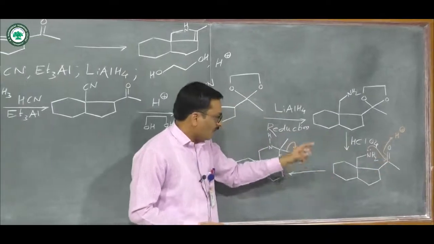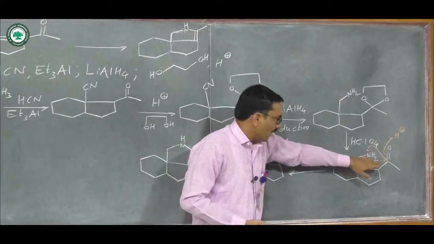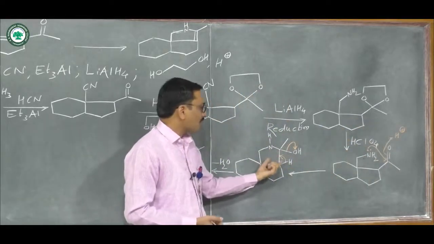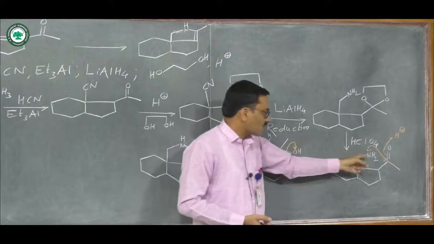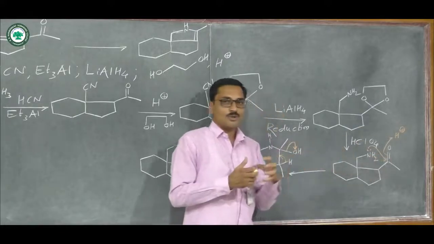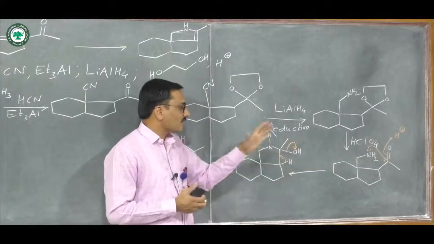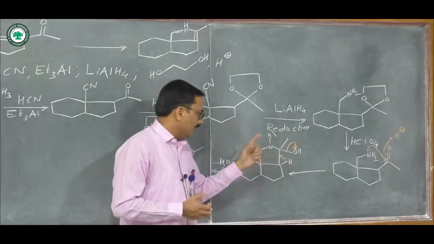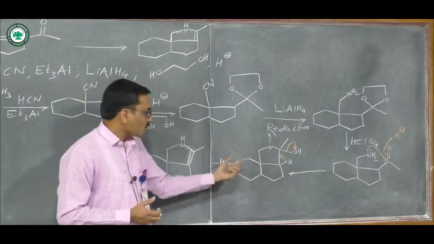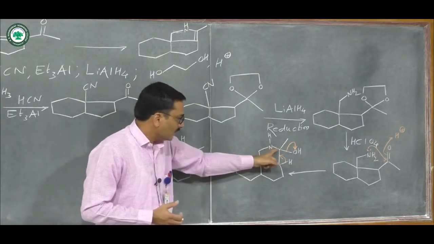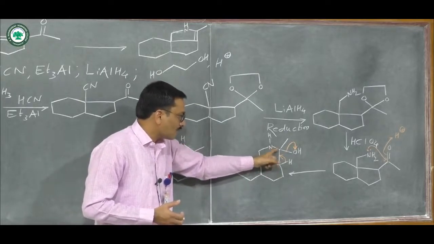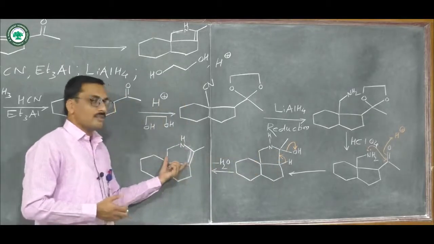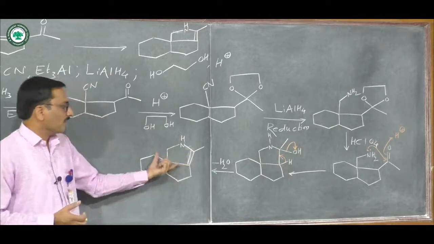In the next step, this NH2 and this carbonyl carbon undergo reaction, and there is formation of a cyclic ring. This NH2 and this carbonyl carbon are close to each other, therefore they easily undergo reaction, and there is formation of the cyclic ring. In the next step there is loss of a water molecule, and there is formation of a double bond at this particular position, and we get the final product.